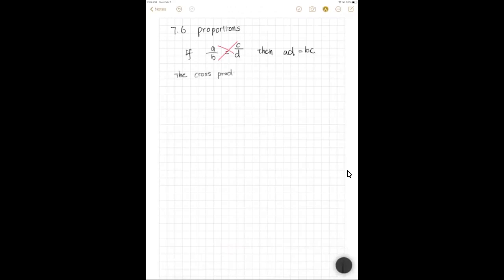So the cross product tells us we can multiply diagonally to get an equation with no fraction.